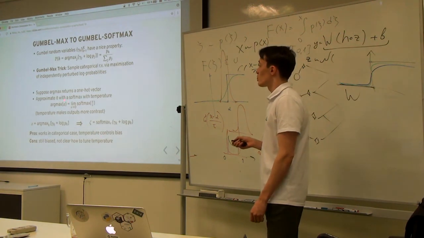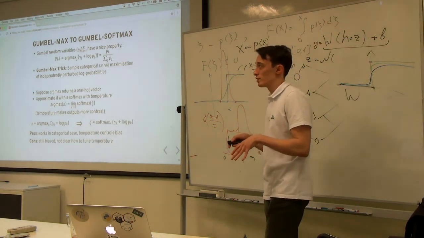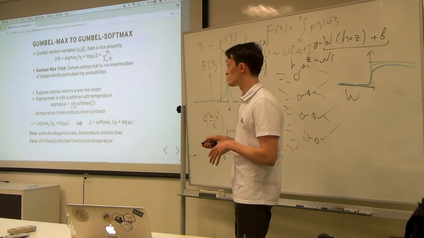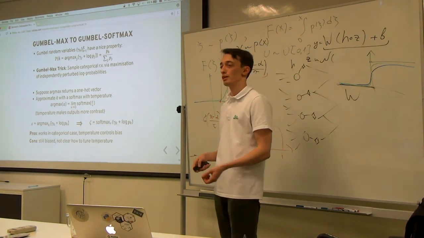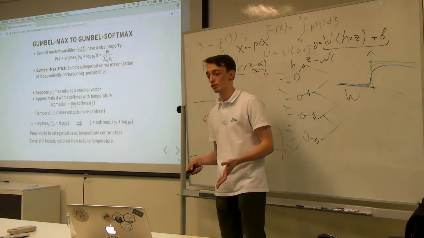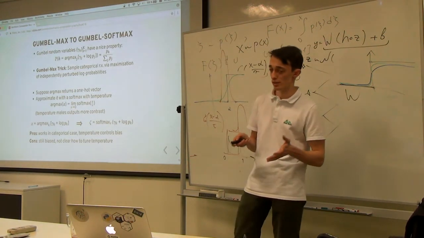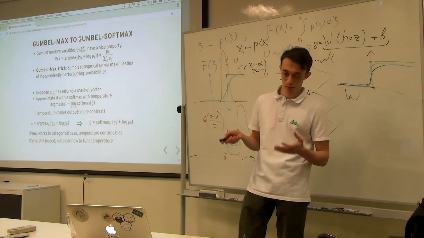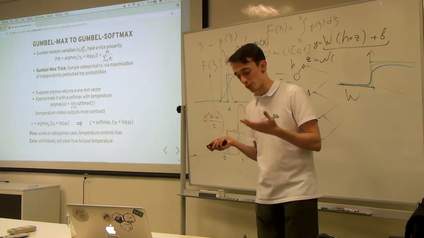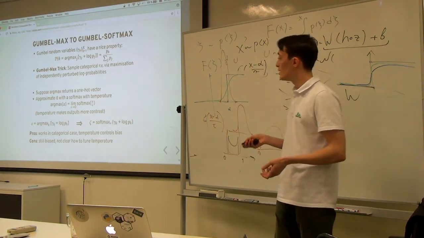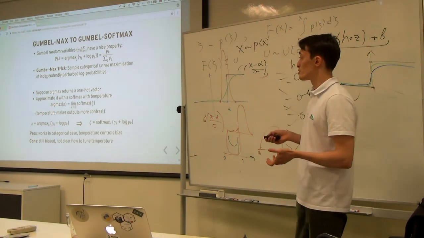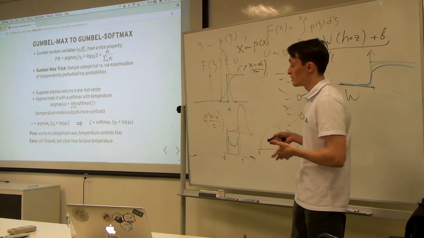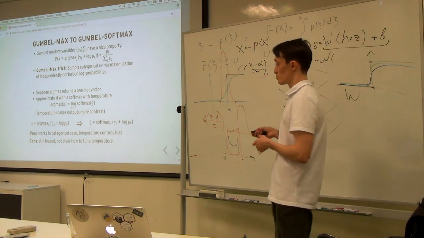This is a zero temperature approximation of a softmax, the same as before. In the binary case, the Heaviside function, the step function, was the zero temperature case of a sigmoid with temperature, and here argmax, one-hot argmax, is the zero temperature version of a softmax with temperature.